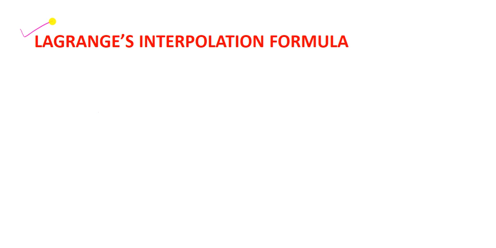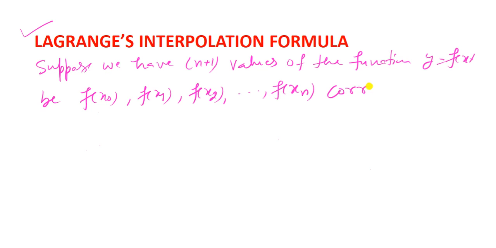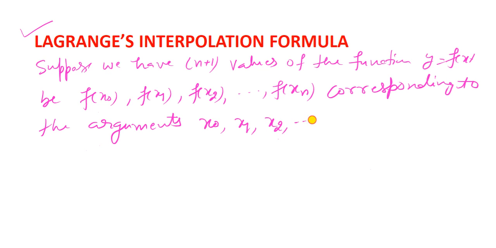So in the Lagrange interpolation formula, suppose we have n plus 1 values of the function y is equal to f of x, let them be f of x0, f of x1, f of x2 to f of xn, corresponding to the arguments x0, x1, x2 to xn.